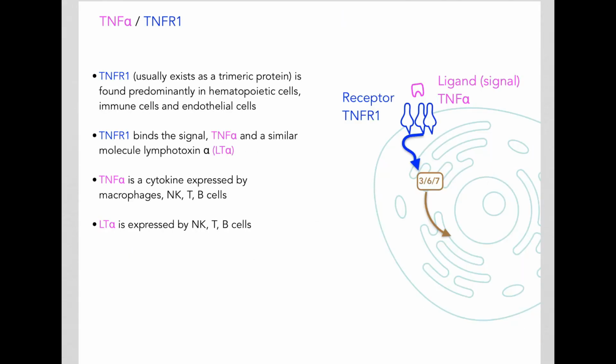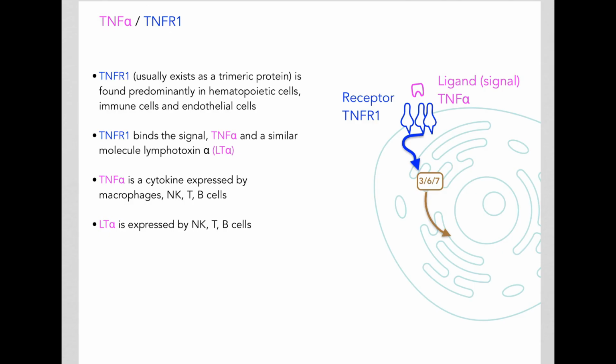So since there are so many different TNF ligands and receptors, in this video to explain the concept, we will focus only on one example, where the ligand is TNF-alpha and the receptor is TNFR1.